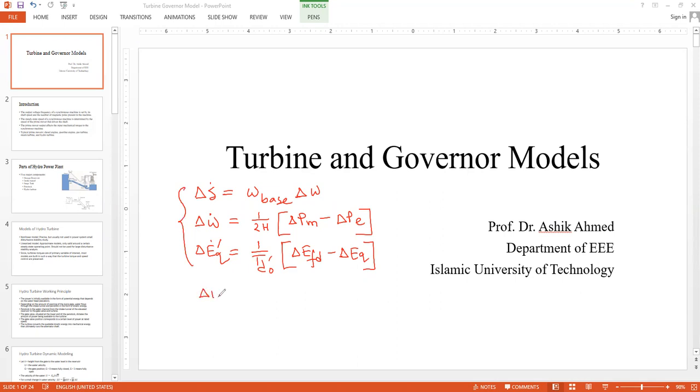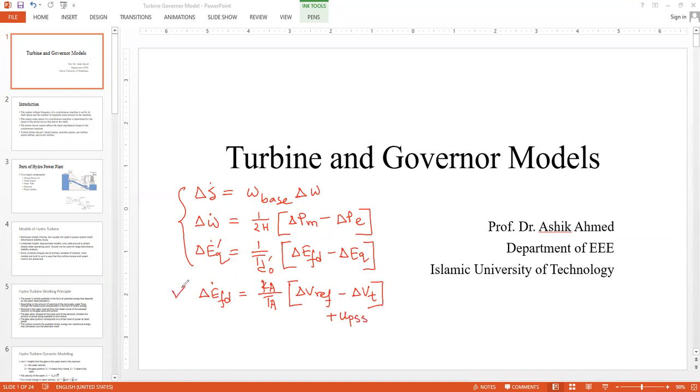Then we incorporated the exciter dynamics that was represented by the K over TA, the gain and the time constants for the automatic voltage regulator. And at the summing junction of the exciter block, we had these two signals available. And of course, later on, we introduced the PSS.